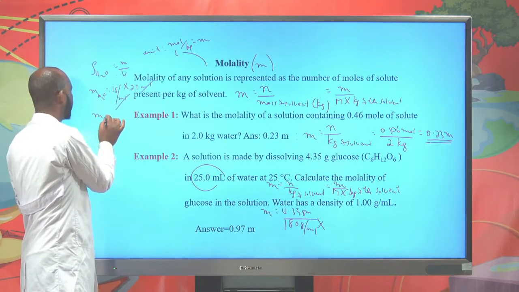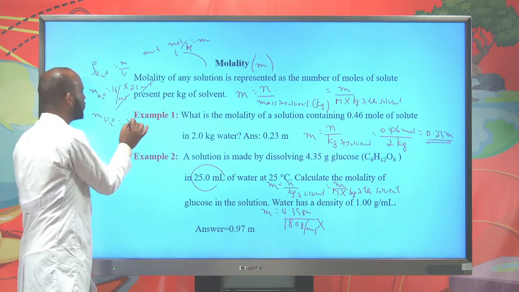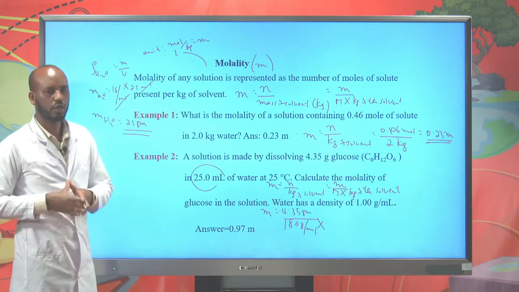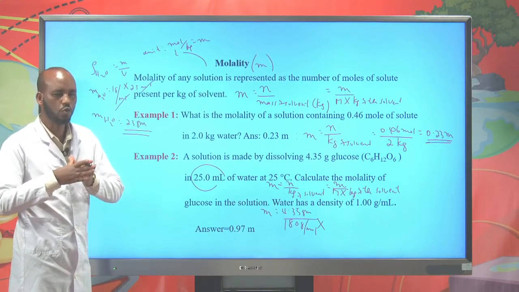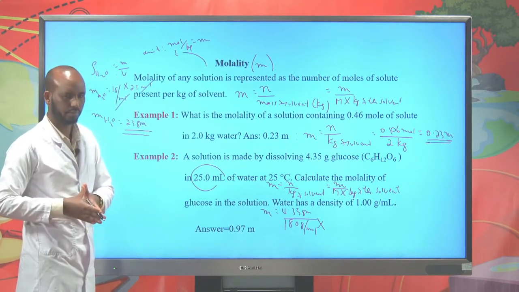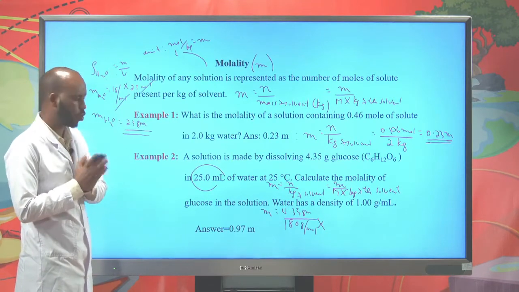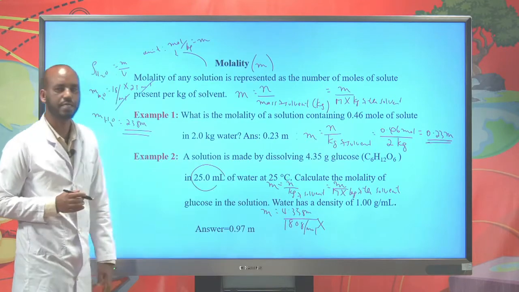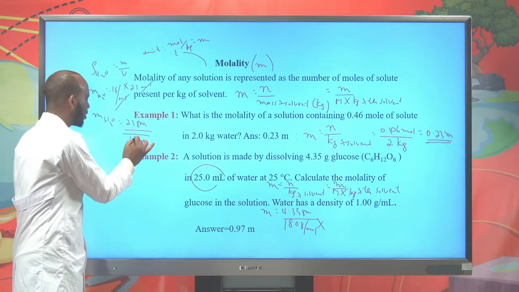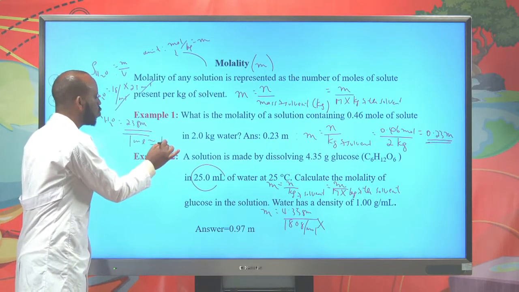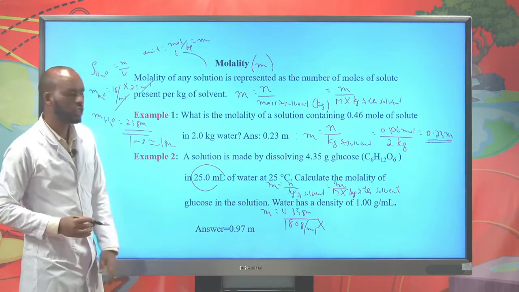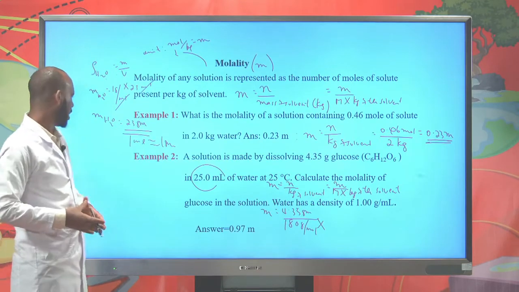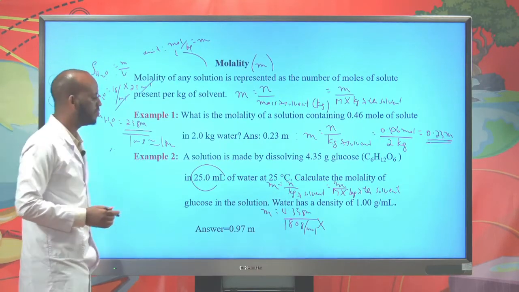Therefore, mass of water is 25 gram. Note that for a dilute aqueous solution, if the density of the solution is 1 gram per milliliter, 1 milliliter is approximately equal to 1 gram. Therefore, mass of water is 25 gram.